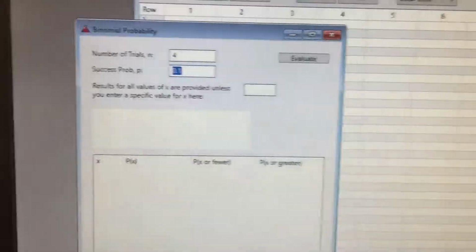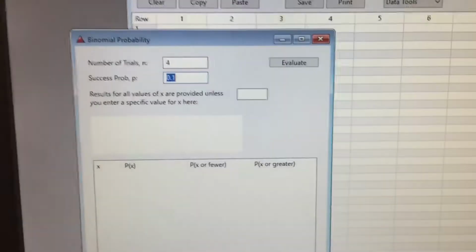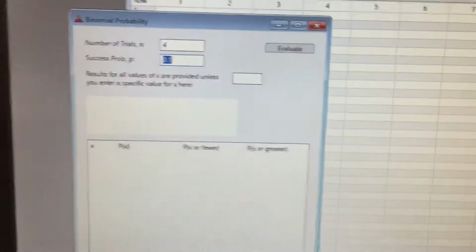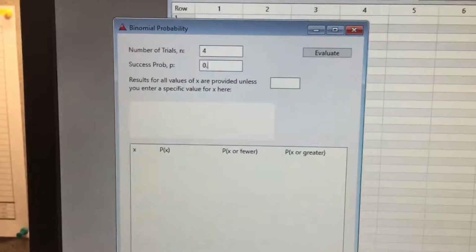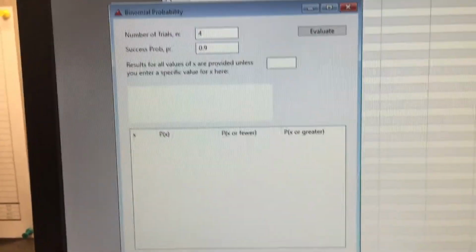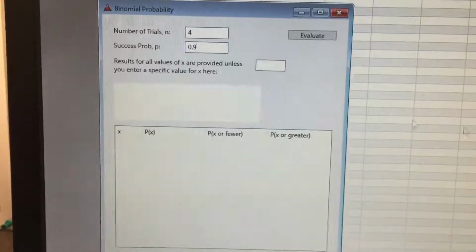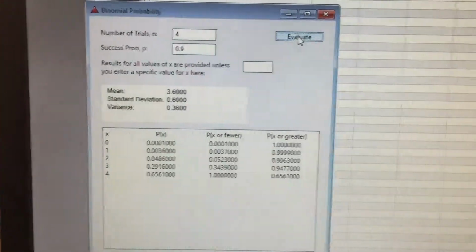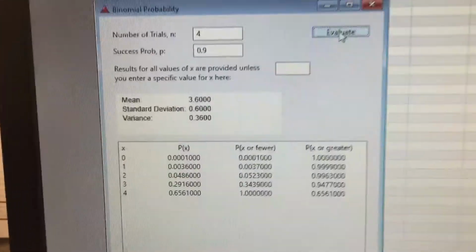The success probability in this case is a 90% recognition rate. Well, 90% as a decimal will be 0.9. So I'm going to enter that in. And then I'm going to go ahead and click on Evaluate. Okay? Click on Evaluate.